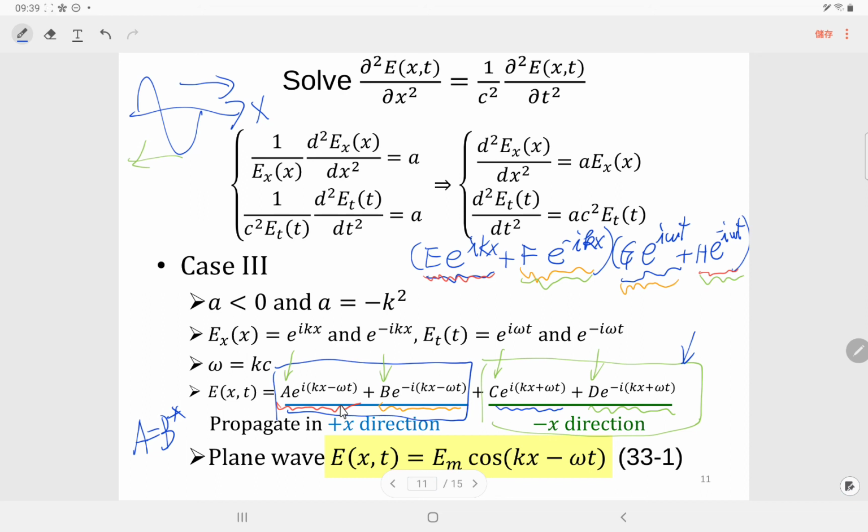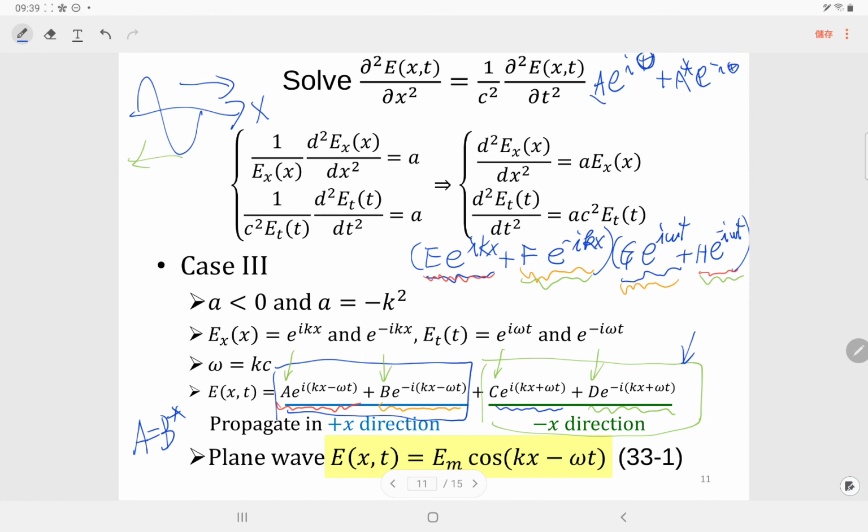Because if B is the conjugate of A, it will be something like A exponential to i something, plus A conjugate exponential to minus i something.